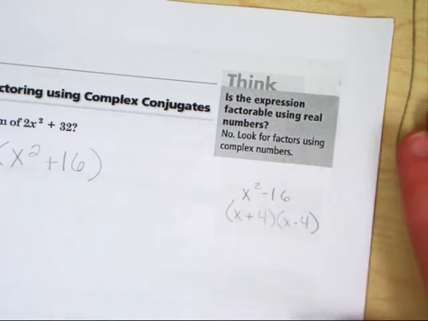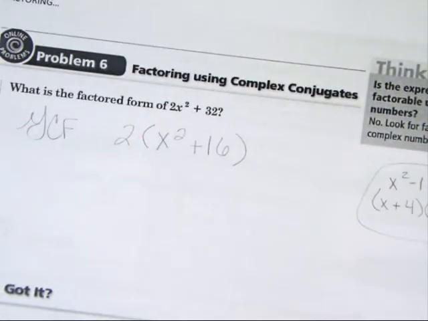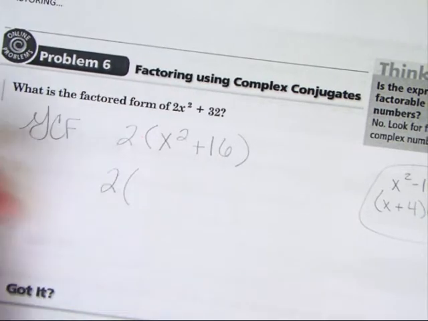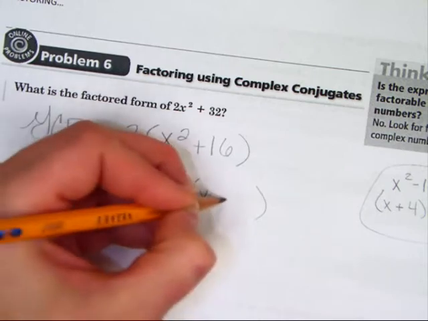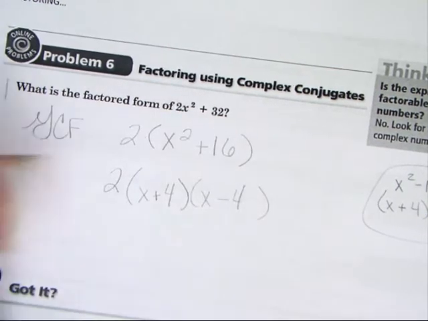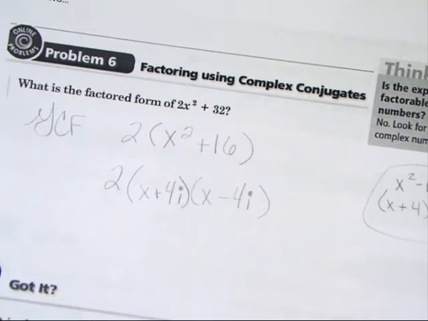But it's not x squared minus 16, it's x squared plus 16. If that's the case, you're still going to use plus and minus. You're still going to use 4 and 4. But this time, you're going to use i and i with the 4.